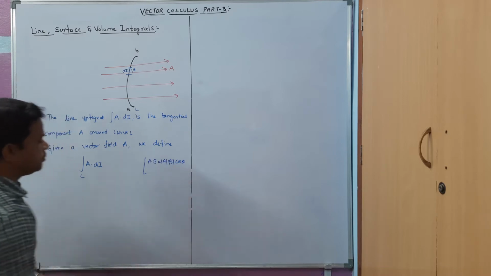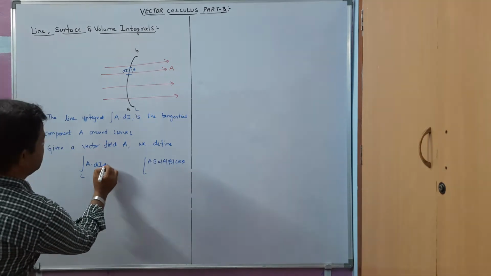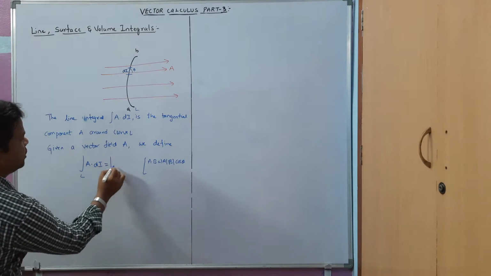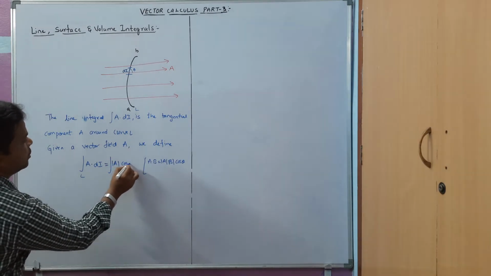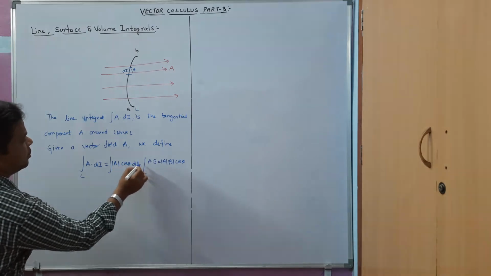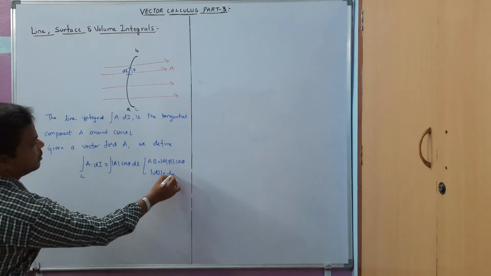Applying the same formula here, the line integral is given as mod A cos theta into dl, where the mod of dl is dl.